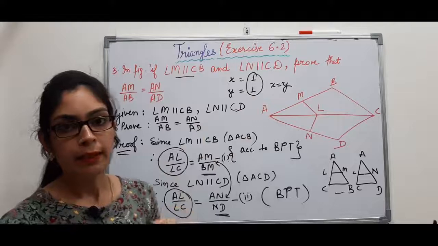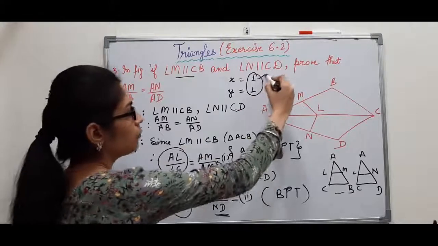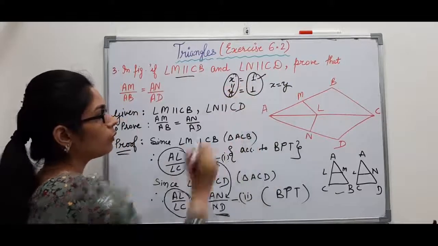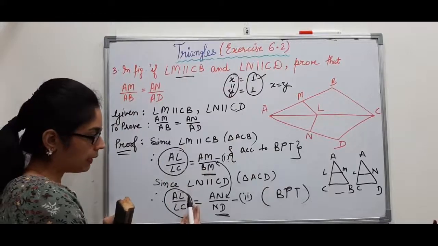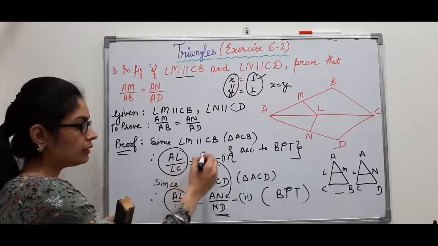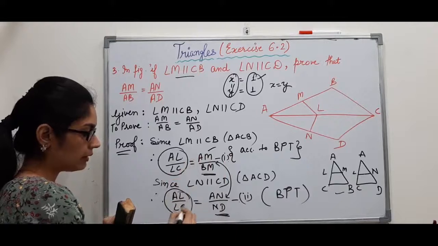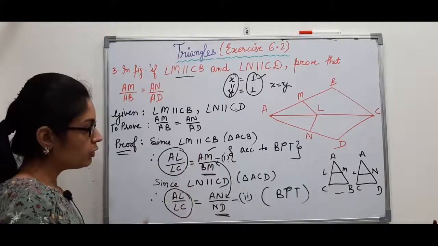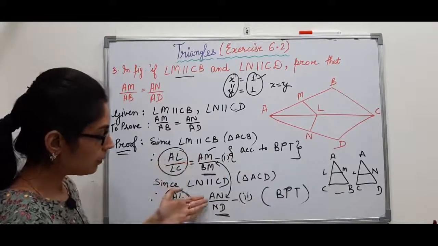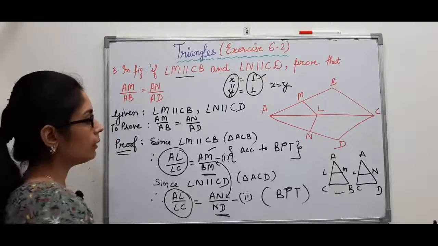So whenever any terms are equal to one single term, they are equal to each other. Same thing we will apply here. AL upon LC is equal to this, and AL upon LC is equal to this also, due to which AM upon BM is equal to AN upon DN.